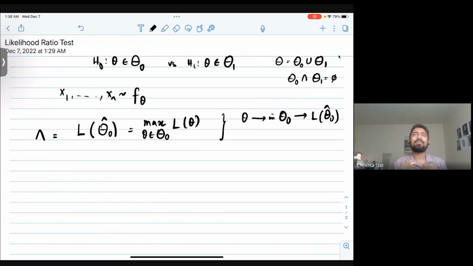So it's finding the most probable theta value and hence the most probable likelihood value in the set of the null hypothesis, divided by the likelihood of the entire region.